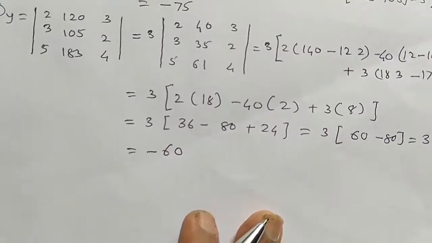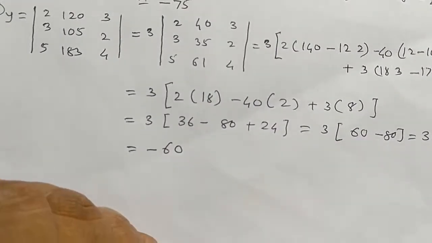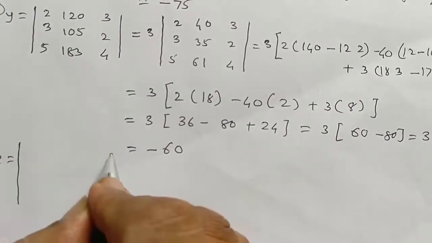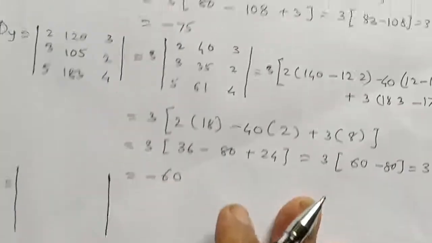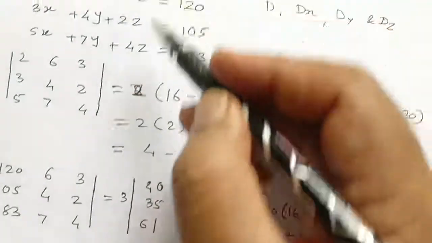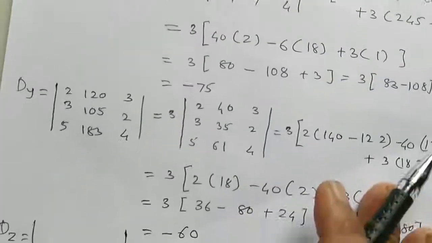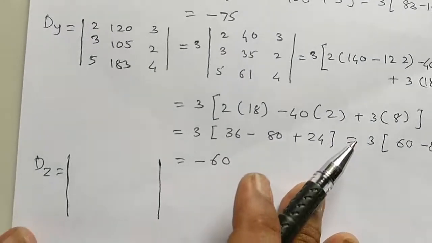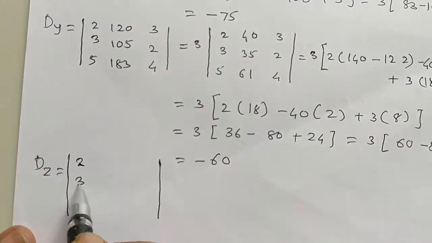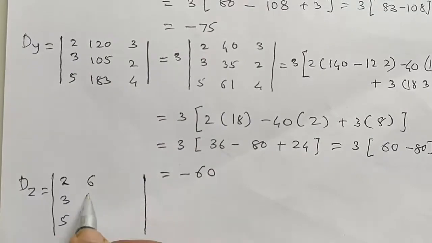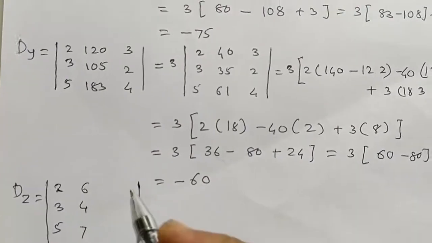dy is minus 60. Now dz, it is obtained from the determinant d, by replacing the coefficient of z with a constant term. So first two columns are same, 2, 3, 5, 6, 4, 7.